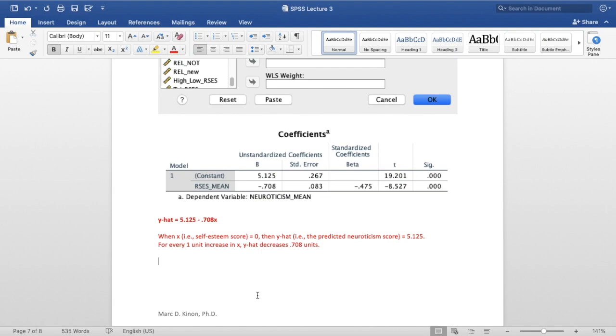One other thing that's important to know regarding regression is this. Once you have your regression equation, you can predict Y-hat scores, or neuroticism scores, from self-esteem scores, or X scores.